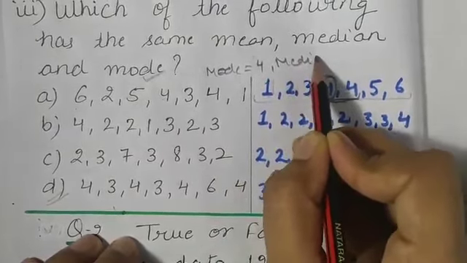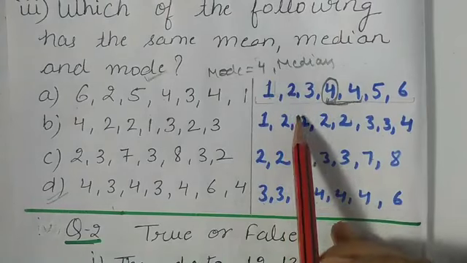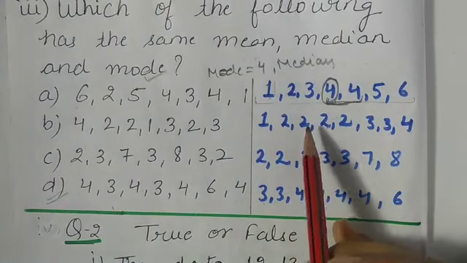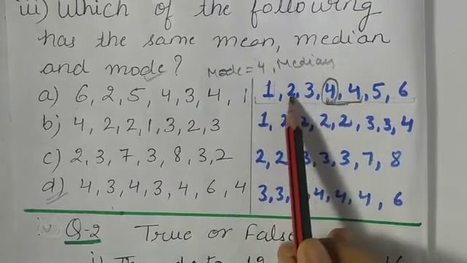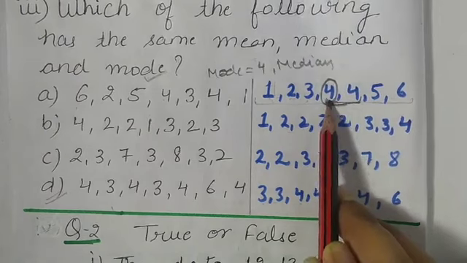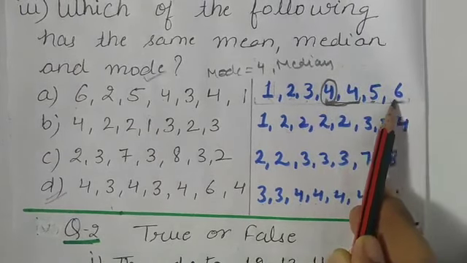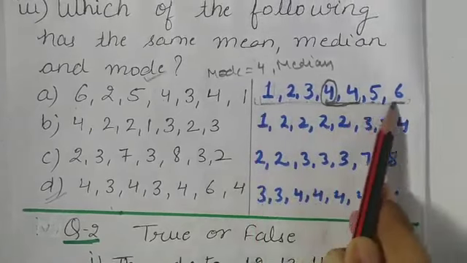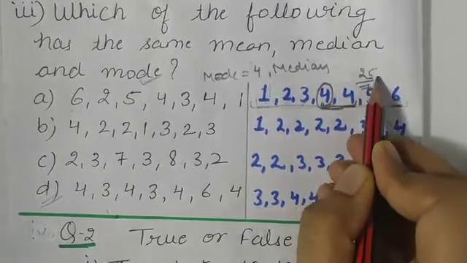Now come to mean. Mean means the sum of all observations divided by the number of observations. So let us sum these observations first. 1 plus 2 is 3, 3 plus 3 is 6, 6 plus 4 is 10, 14, then 19 and then 25. So its sum is 25, and 25 divided by 7 will not be 4.